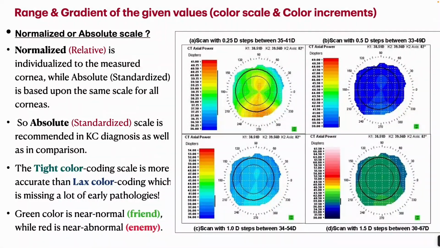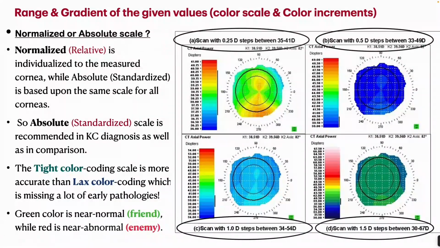But the absolute or standardized scale is recommended in the keratoconus diagnosis as a screening, but you can change again on detection of a suspicious patient from the absolute to the normalized to be more sure, okay? So you have to check all of these before judging. So the tight color and lax color, and the enemy and friends.